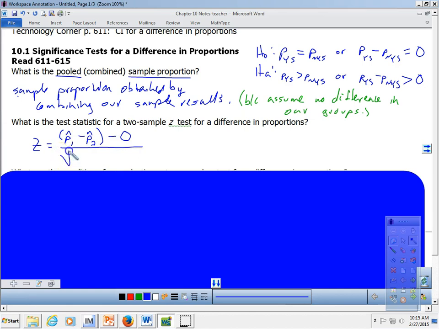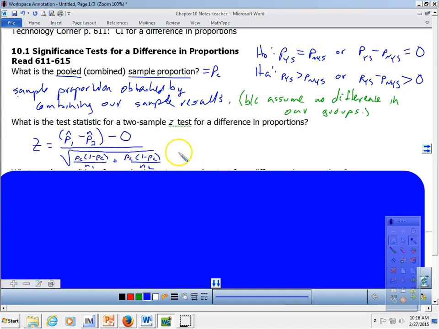And I want to do that in terms of standard deviations, and so it would look something like this. We're going to use this idea of a pooled proportion. And again, we denote this as P sub C very often. And so it turns into P sub C times 1 minus P sub C all over the first sample size plus P sub C times 1 minus P sub C all over the second sample size.